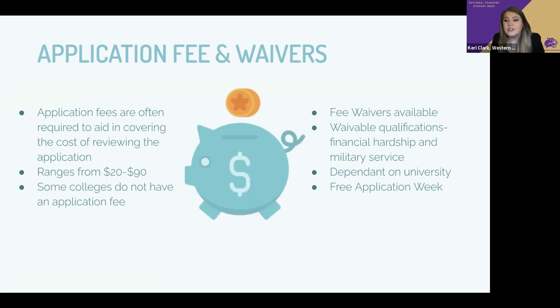Fee waivers are just a form that lets you waive the application fee if you meet certain qualifications. Some of those qualifications can include financial hardship. For instance, if you qualify for a full federal Pell Grant, anything like that. Prior military service will sometimes qualify you for a fee waiver. It is dependent on the university, so just be in communication with them.